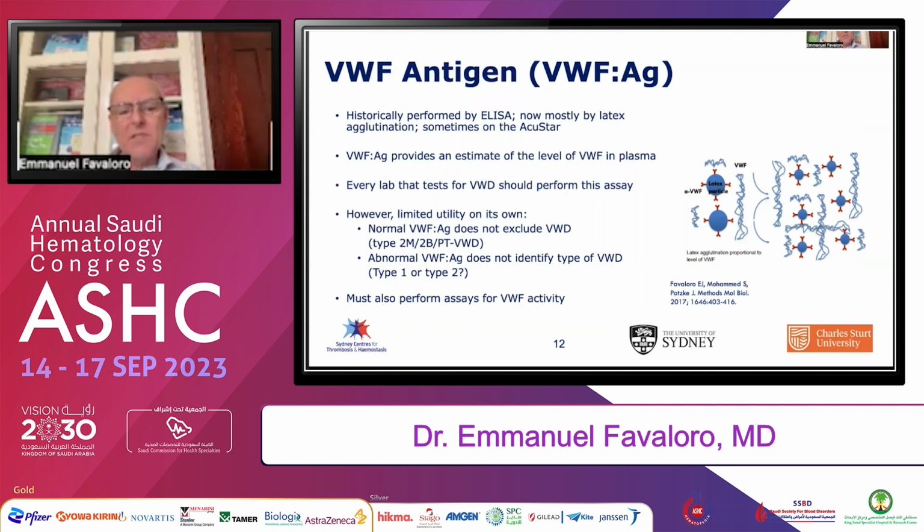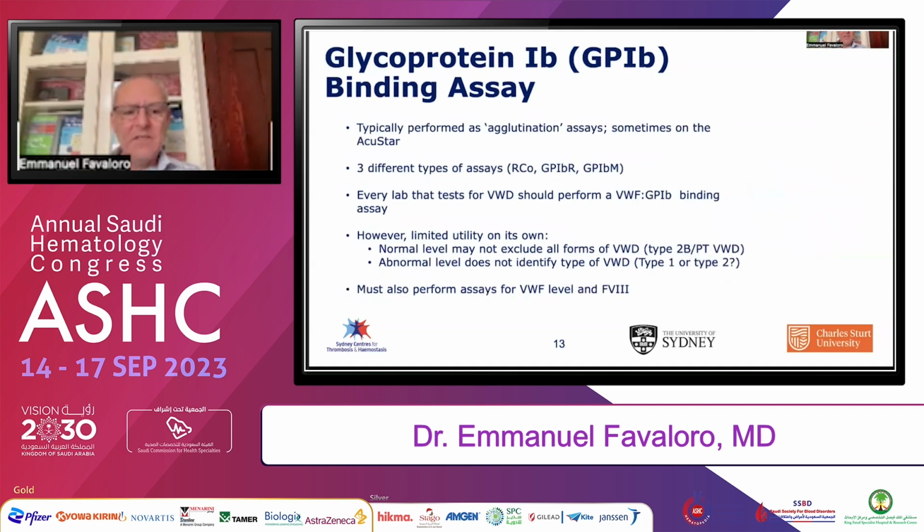However, it has limited utility on its own. A normal VWF antigen does not exclude von Willebrand disease, and indeed some type 2M, 2B, and platelet-type von Willebrand disease will have normal levels of VWF antigen. And an abnormal von Willebrand factor antigen does not tell you what type of von Willebrand disease it is. It may be a type 1 or type 2. So you must also perform assays for VWF activity.